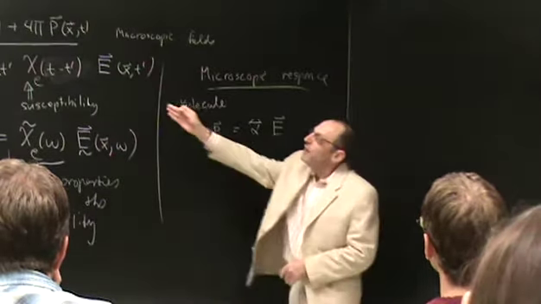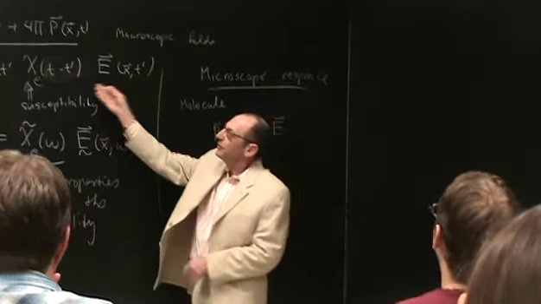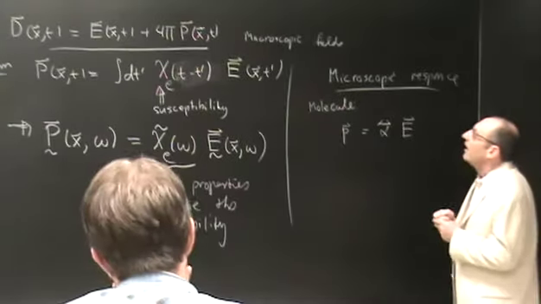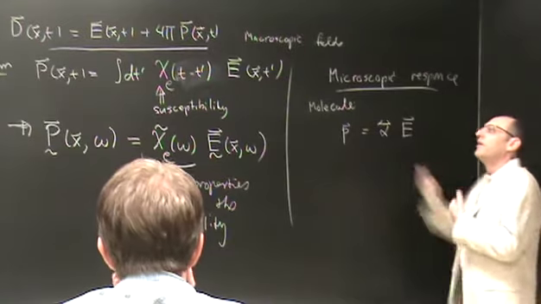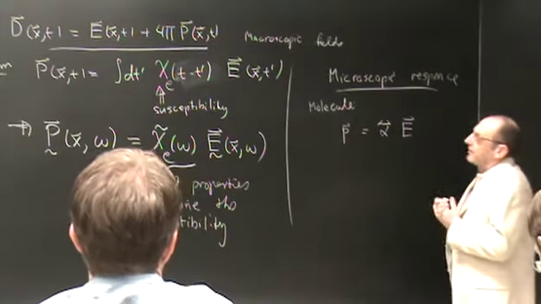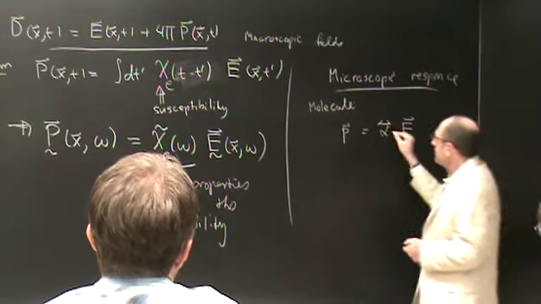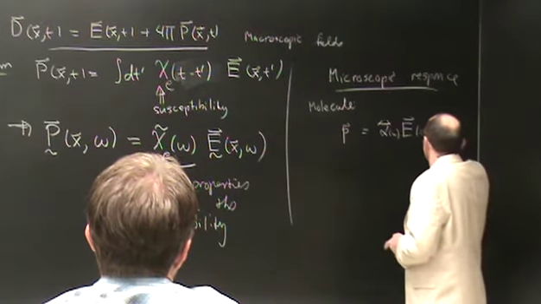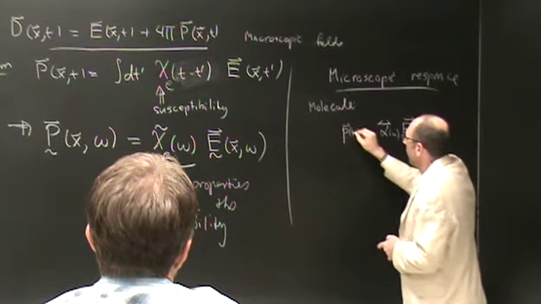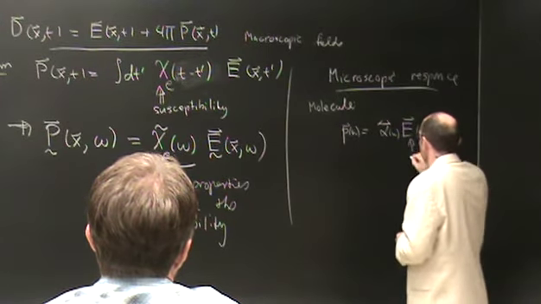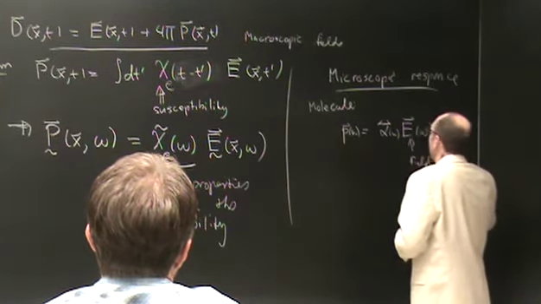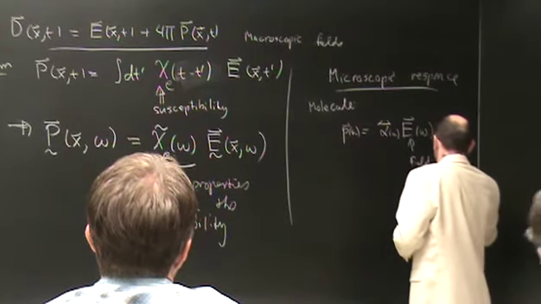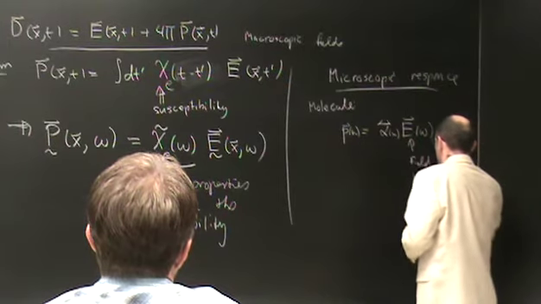And in the same way that we just discussed the instantaneous time response versus some kind of delayed time response, this expression really only makes sense exactly in the frequency domain, where this is the field at the position of the molecule.